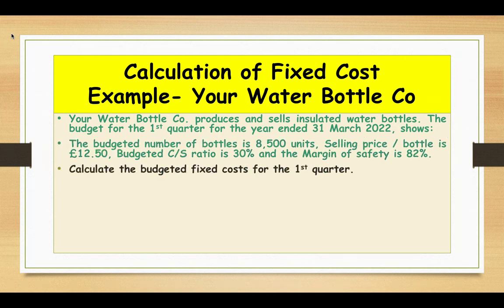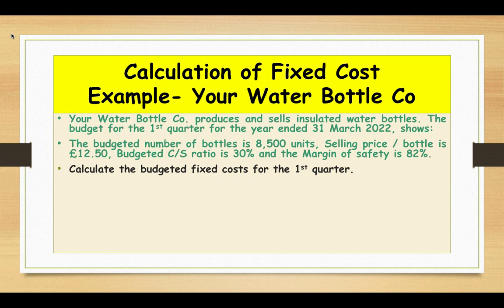for the first quarter. At break-even point, we all know contribution is equal to the fixed cost. Because if you look at the marginal costing formula, sales take away all the variable costs equals contribution. Contribution take away fixed cost is equal to the profit.